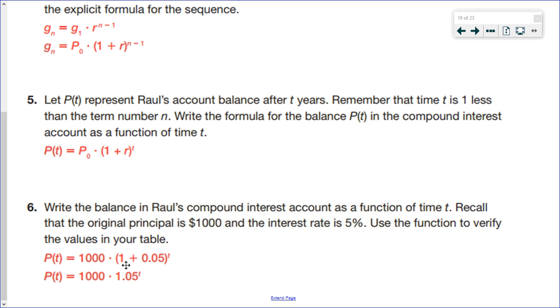Our rate is 1 plus 5%, which as a decimal is 5/100ths, to the t power. Then we can simplify that to 1.05 to the t power. Okay, so now we have two different functions, one for compound interest and one for simple interest.